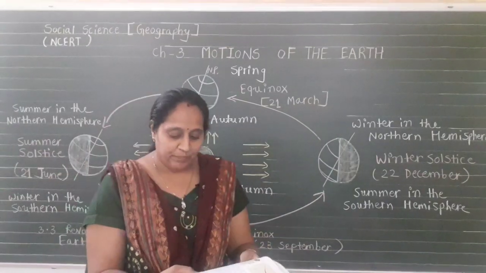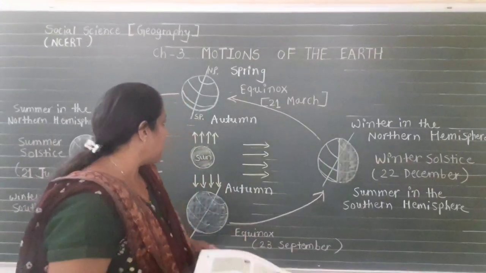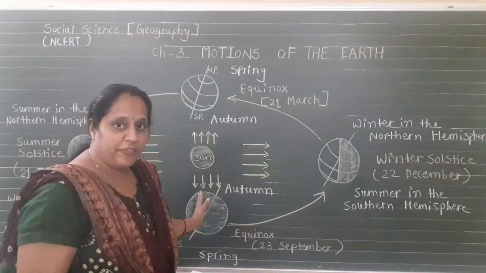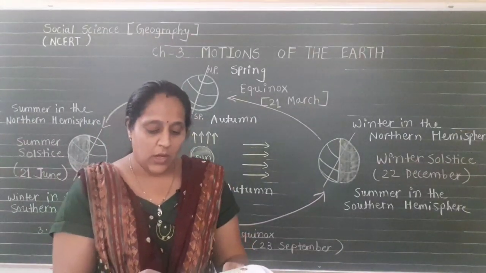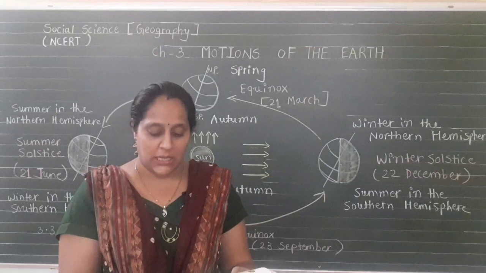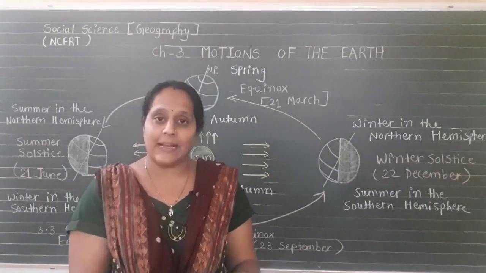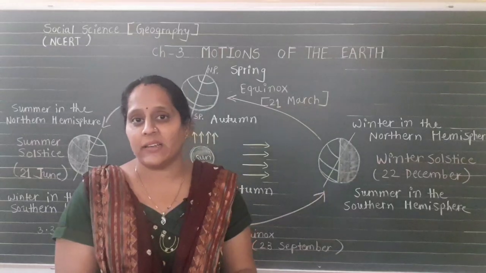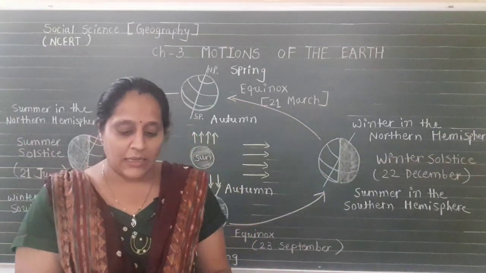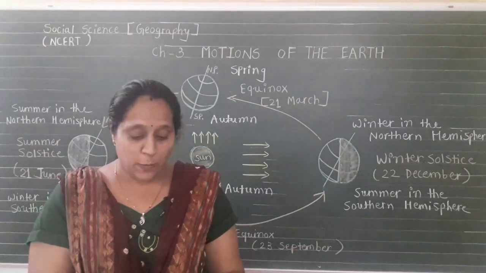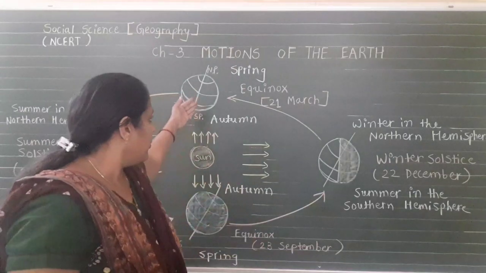Direct rays of the sun fall on the equator, means the middle part of the earth gets direct sun rays. At this position neither of the poles is tilted. Poles are not tilted, they get direct sun heat on the equator. So the whole earth experiences equal day and night on these two dates.